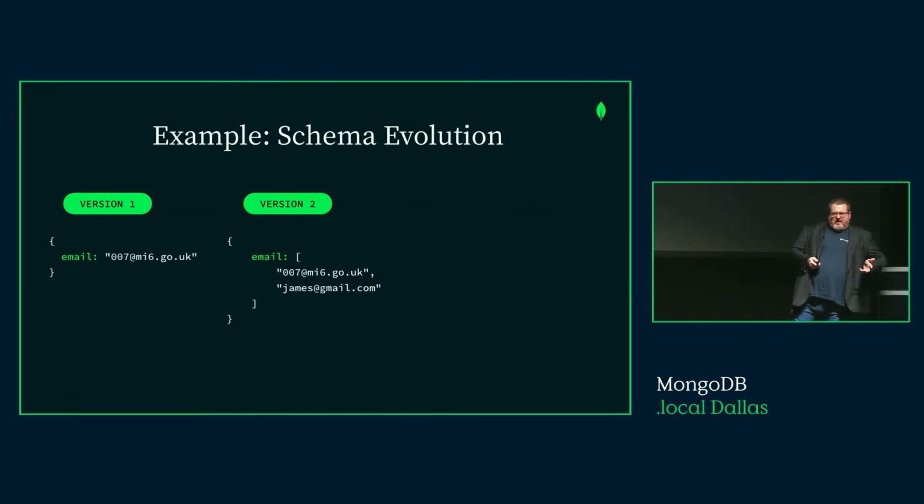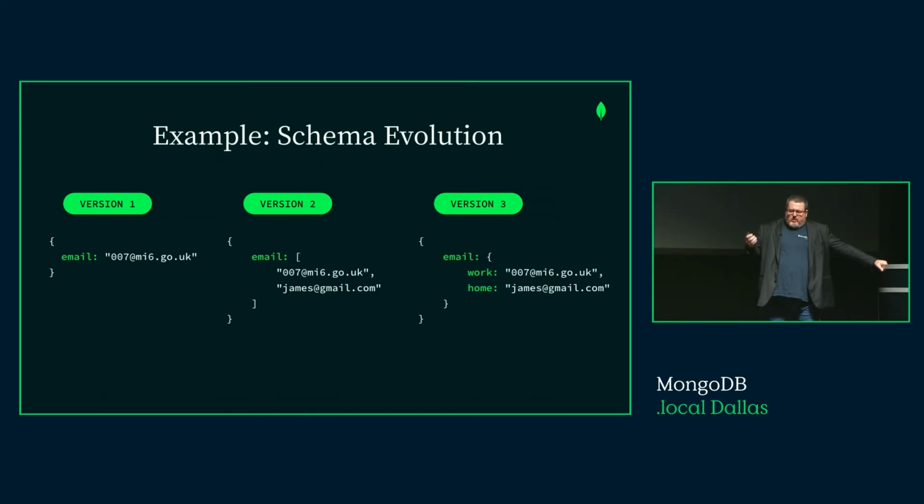Mongo has a flexible data structure underneath, so in our application, we don't have to go in and change this. We could just say, I've been looking up email, so let me continue to look up my email key in my hash map, and I'll get back an array this time instead of a string. Oh, look, we have version 3 of our schema that's come through. Now, instead of just having an array, we have a sub-object that can have multiple fields.